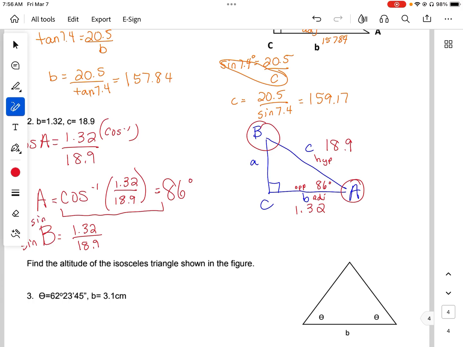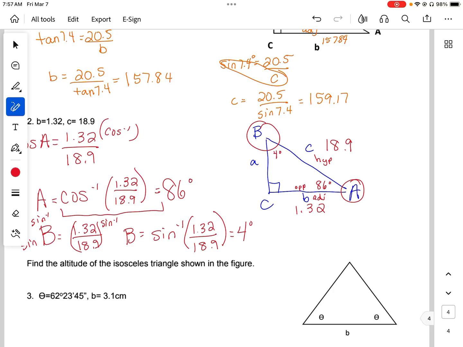And then you do inverse sine. So B is found by doing inverse sine of 132 over 18.9. Okay, and that is 4.00, so it's 4.